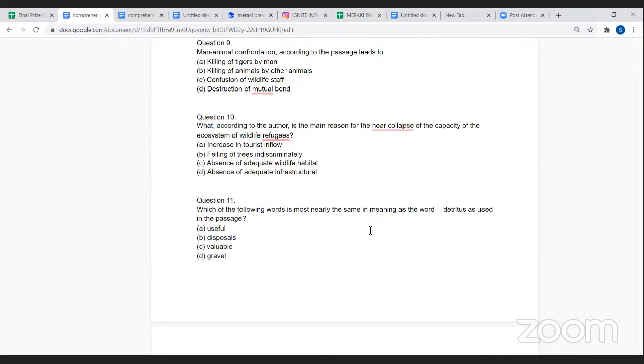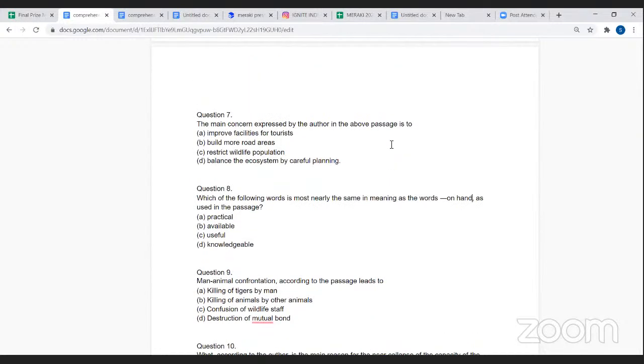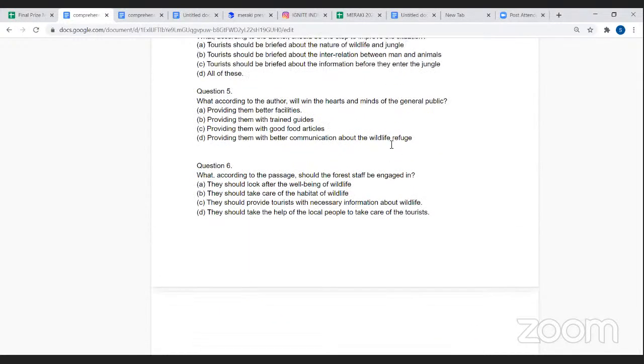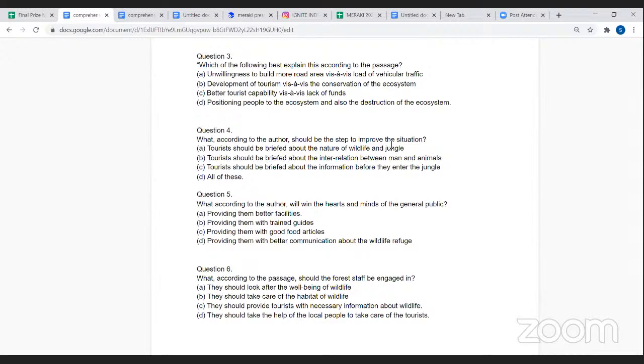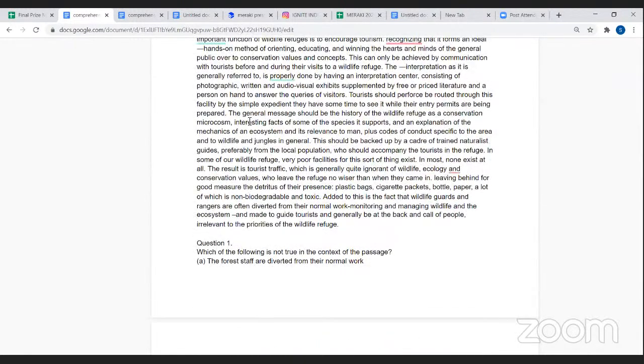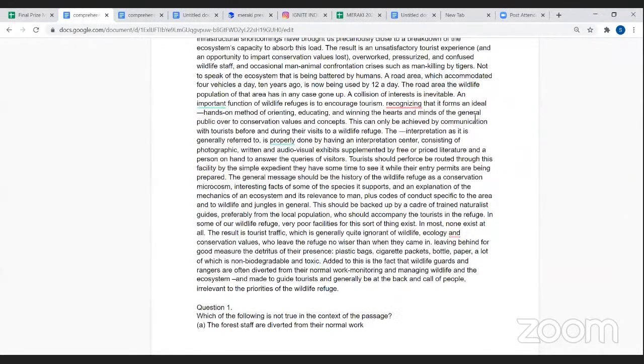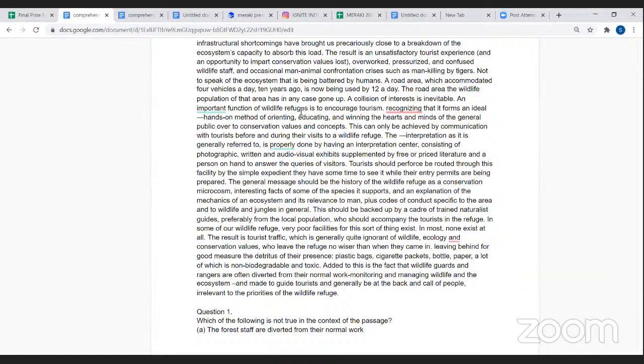But it's specifically given a killing of man by tigers. Killing of tigers by man is definitely reverse; the reverse has been given in the option. Man killing by tigers, right? Yes, ma'am.